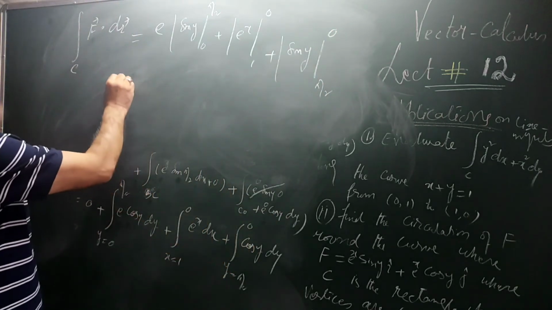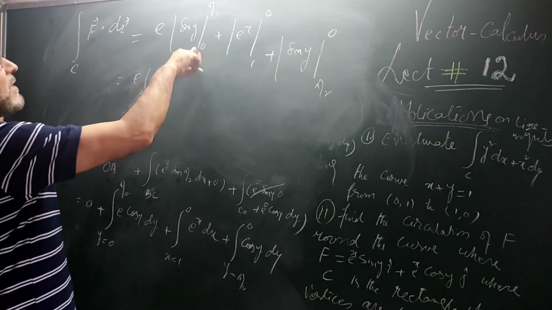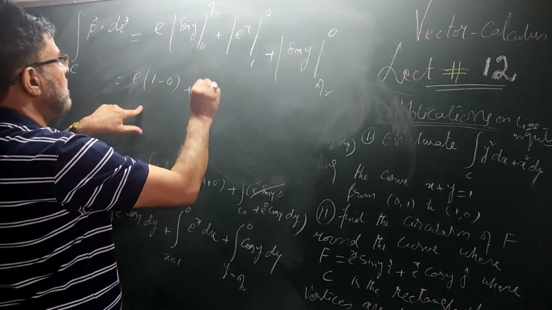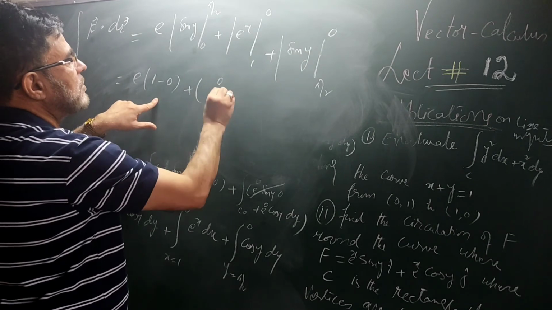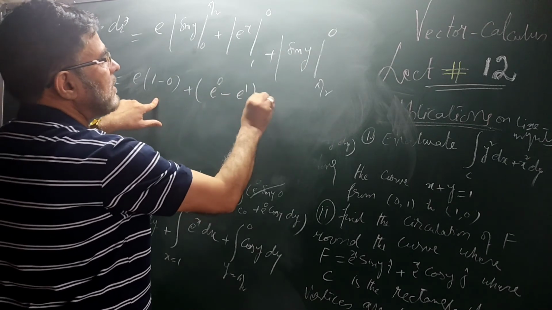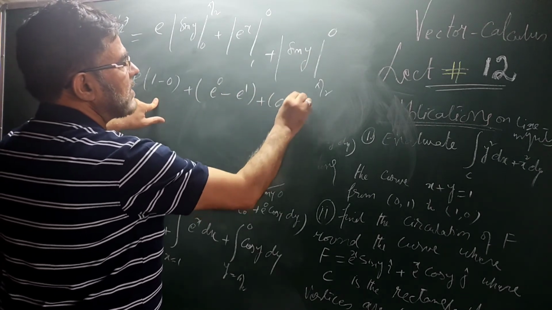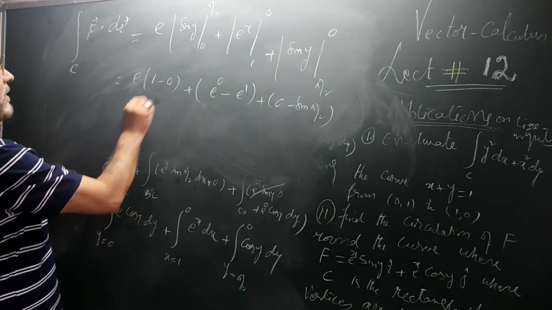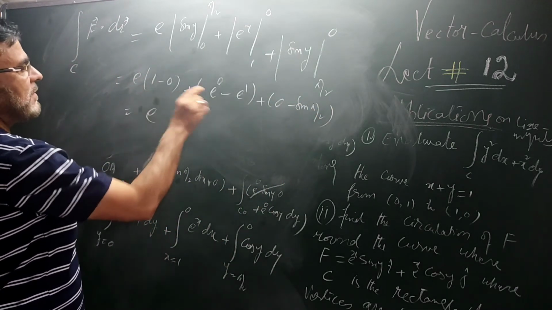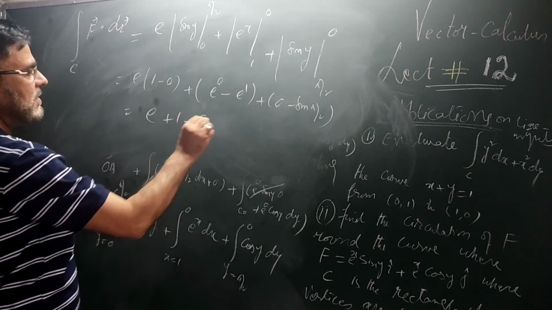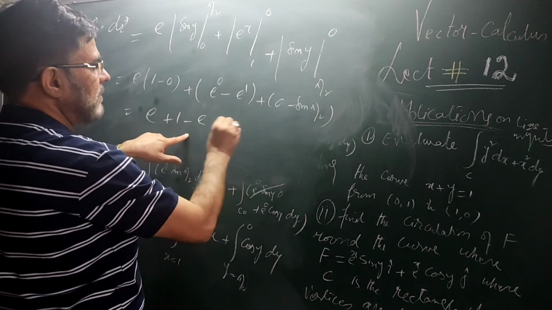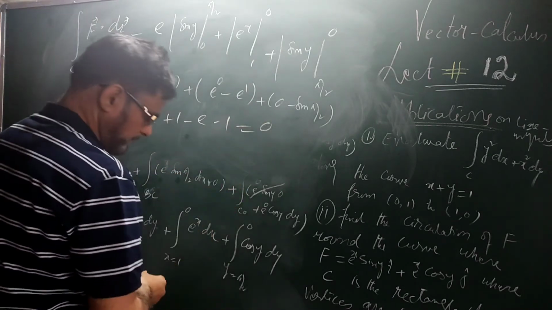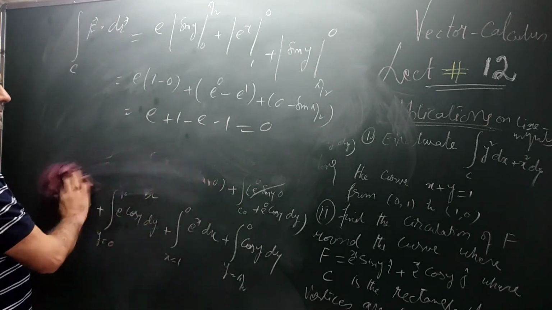Give the limits. It is e sine pi by 2, it is 1 minus 0. This is plus e raised power 0 minus e raised power 1. This is sine 0 is 0 minus sine pi by 2. Well, it is e plus 1 minus e, and this is also minus 1. And this is 0. This vanishes. It is 0.